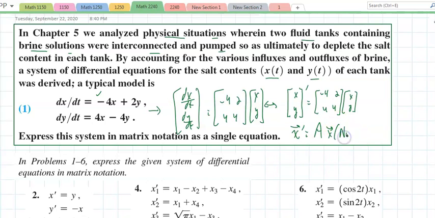This is called a normal form, something we're gonna want from now on.